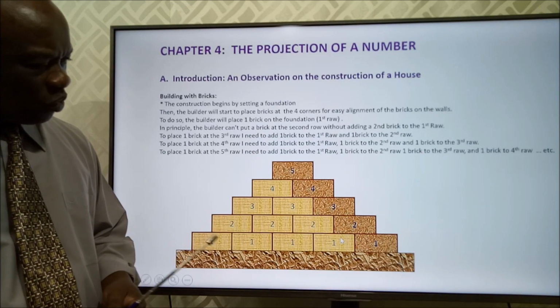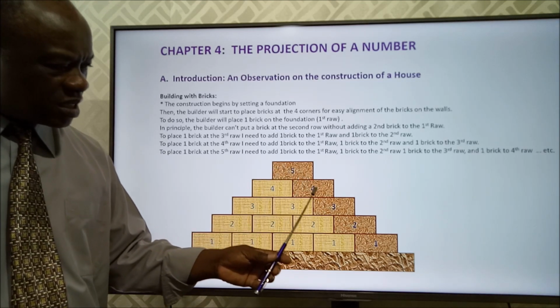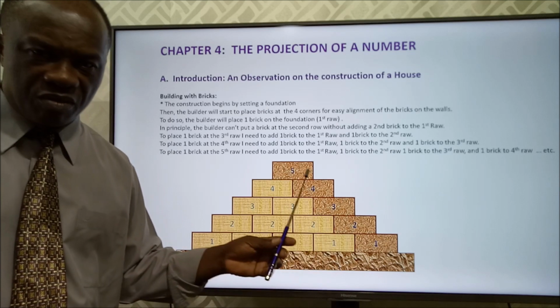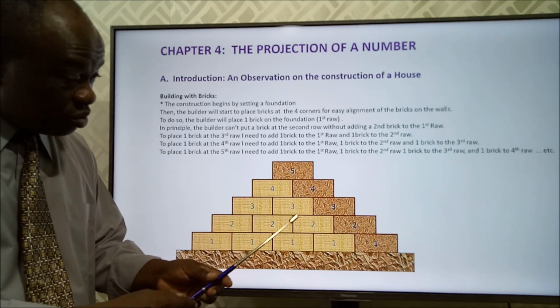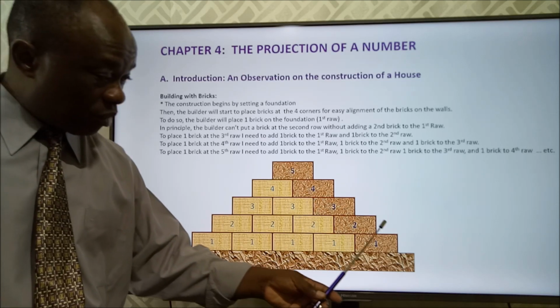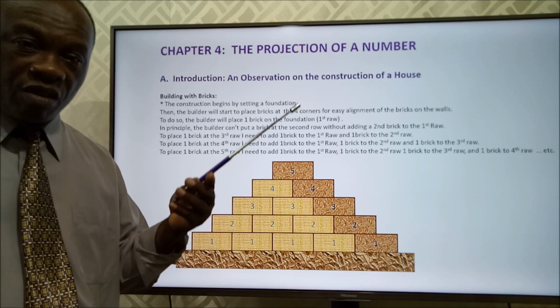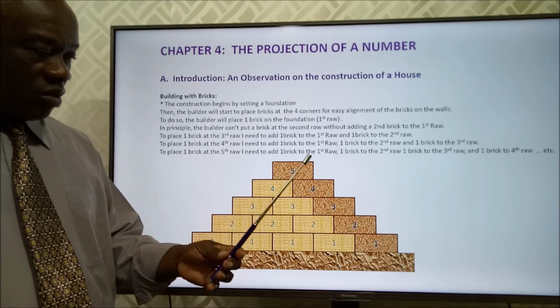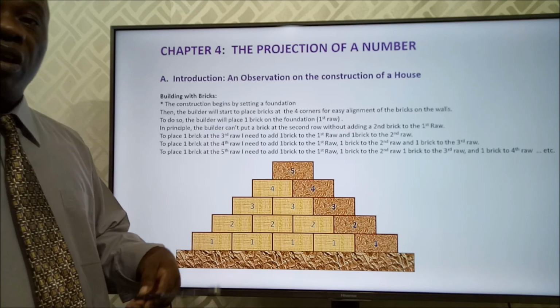So by the end of the day, you will see that there will always be these stairs left here. And the next day, when they come to start again, they will do the same, going down from 1, 2, 3, 4, 5, 6. 1, 2, 3, 4, 5, 7, etc.